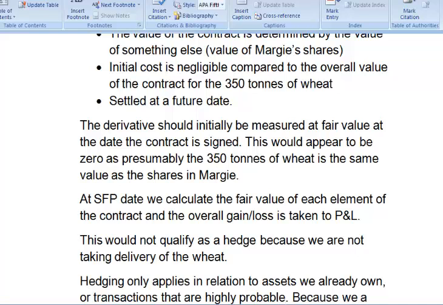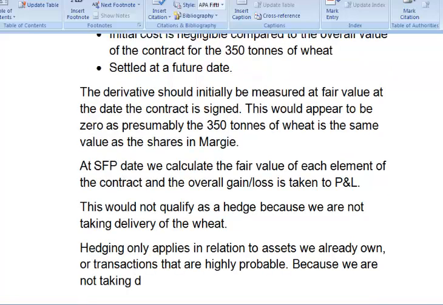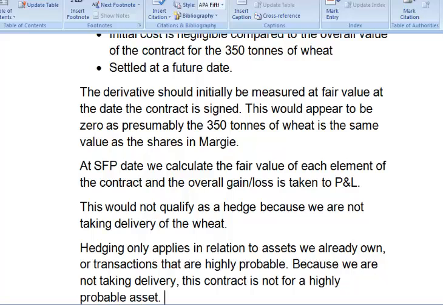Because we are not taking delivery, this contract is not for a highly probable asset.